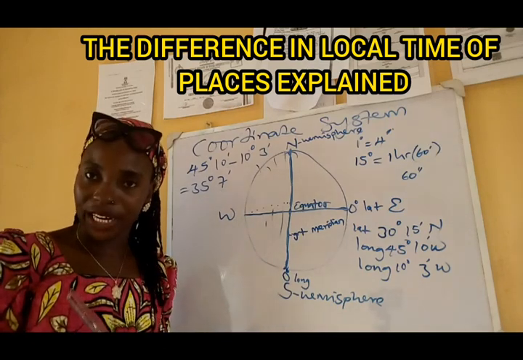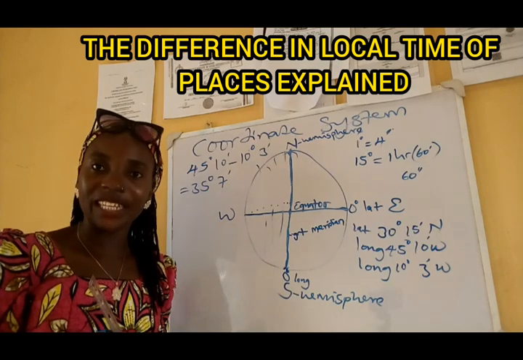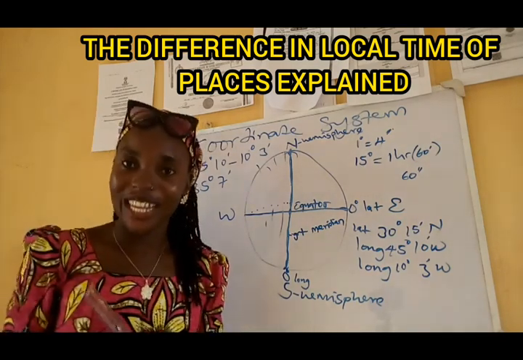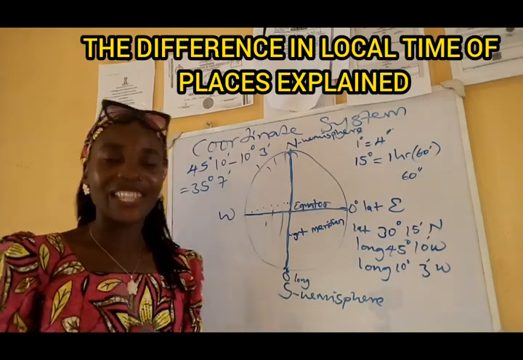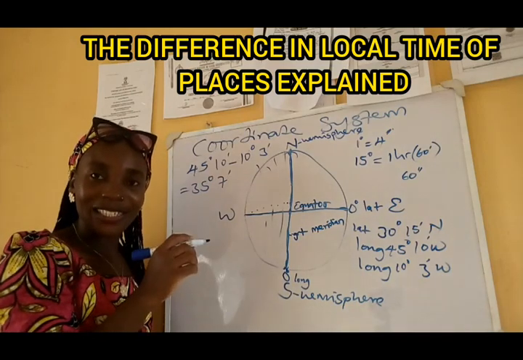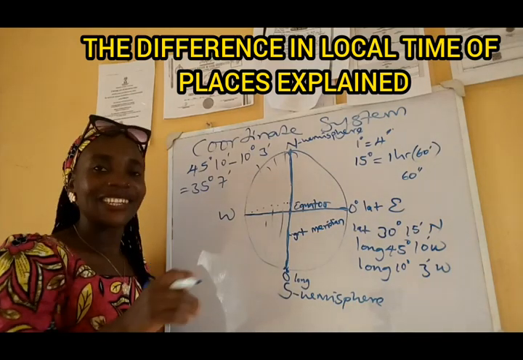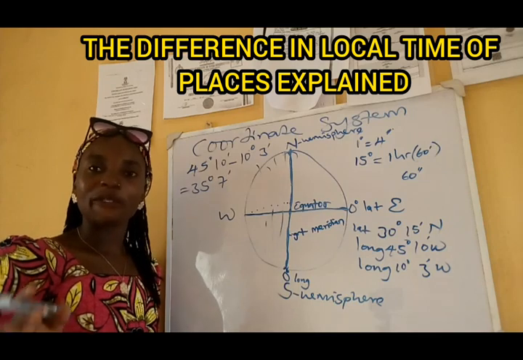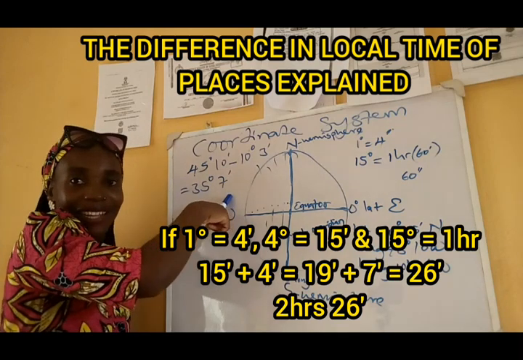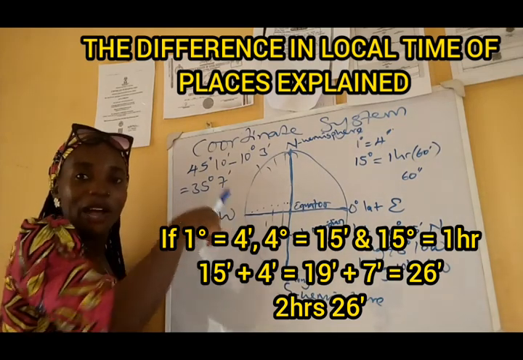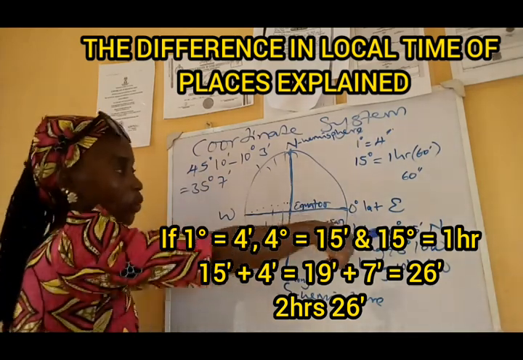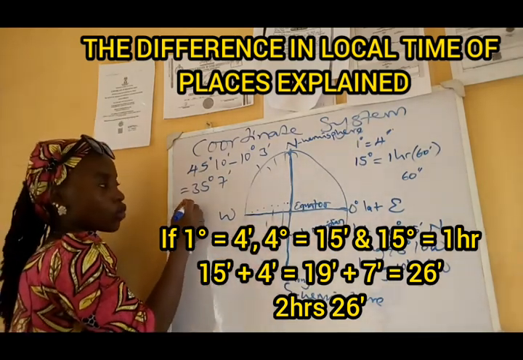Every 1 degree is 4 minutes, so you will just do 4 plus 15, and you will have 24 minutes. Then you have plus 7 minutes on 24 minutes. You have 31 minutes. So the difference between you and the person will be 2 hours.